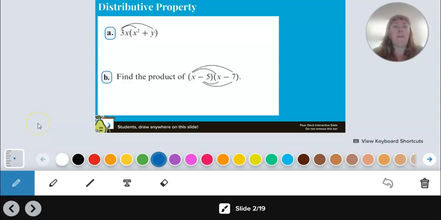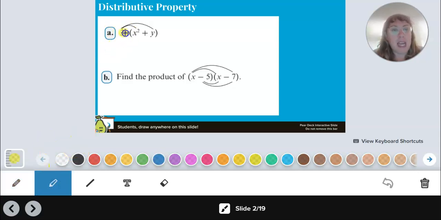When we're multiplying monomials with polynomials, we are using the distributive property often. So in this first example, we have this 3x that is in front of the parentheses. I like to think that the 3x is showing up and knocking on the door, and the door is the parentheses.